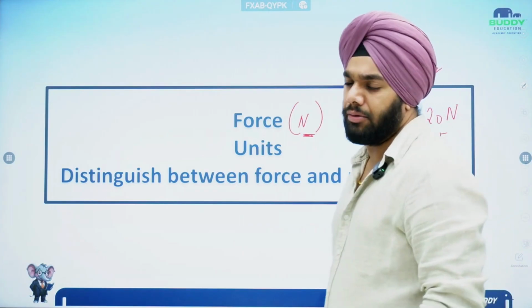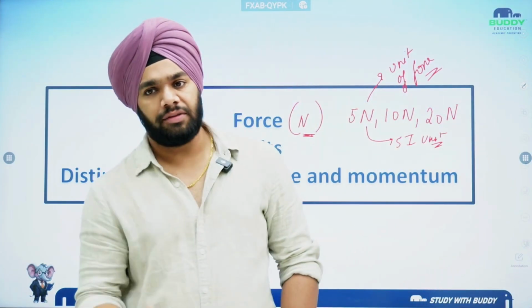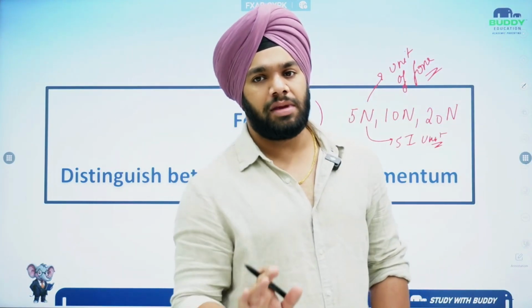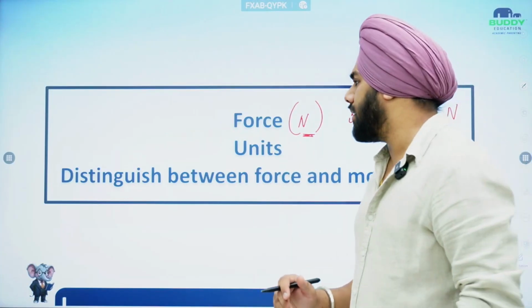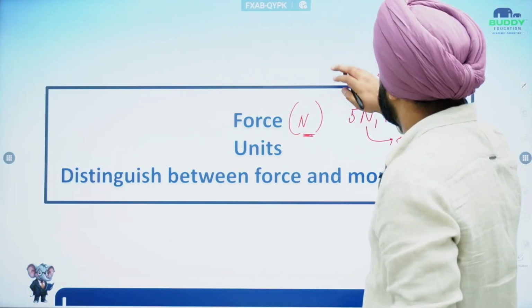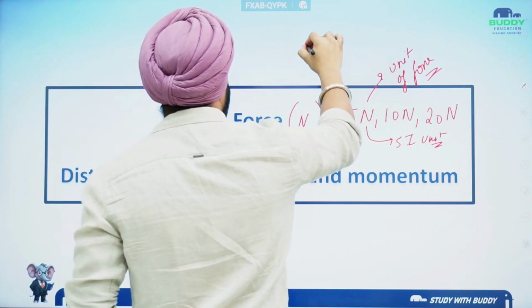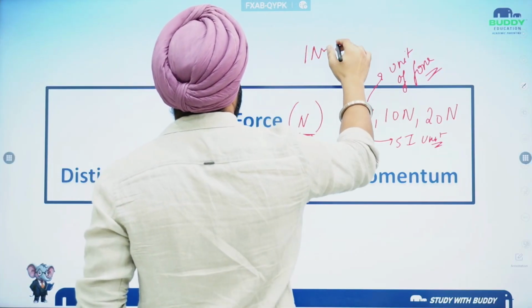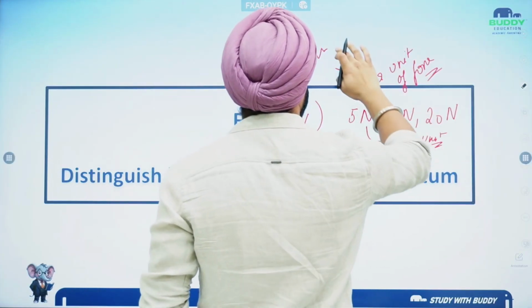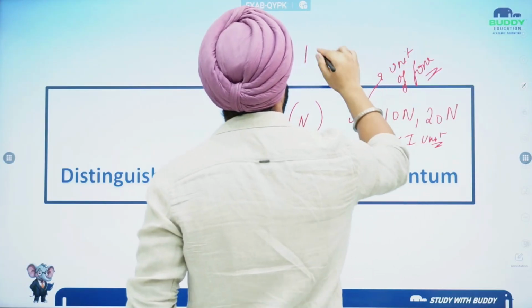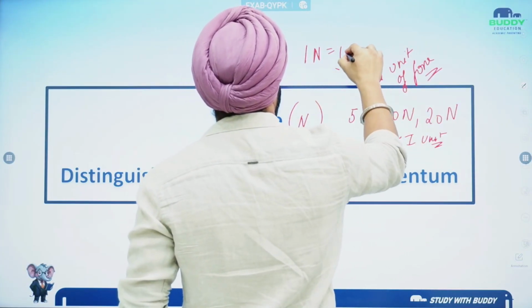So one is the SI unit, one is the MKS unit, one is the CGS unit. So MKS unit is basically the SI unit here, right? Also, 1 Newton is equal to 10 to the power 5 dyne.